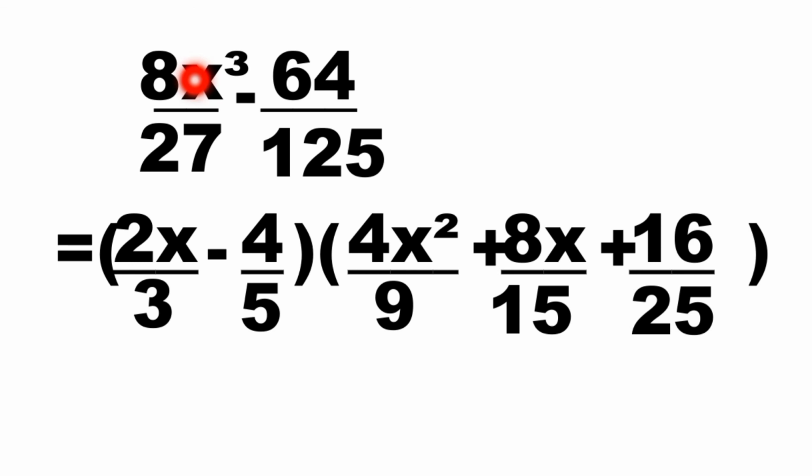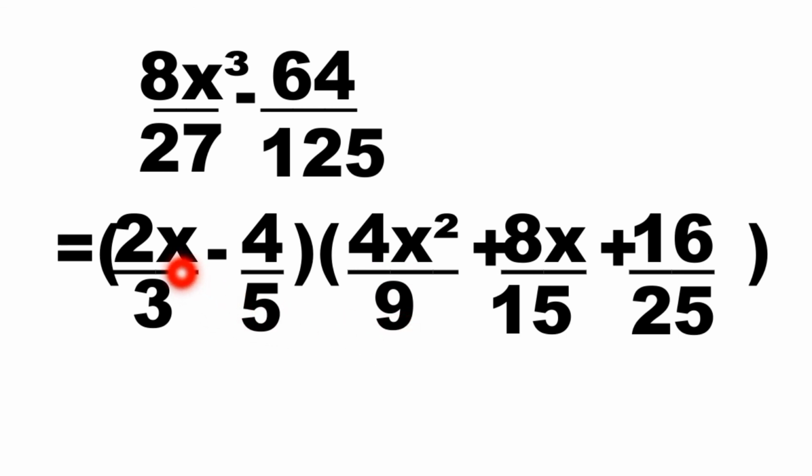Just get the cube root of this one and this one, and have here the cube root. The first term is the square of the first term of the binomial, 2x over 3. The square of this one is 4x squared over 9.